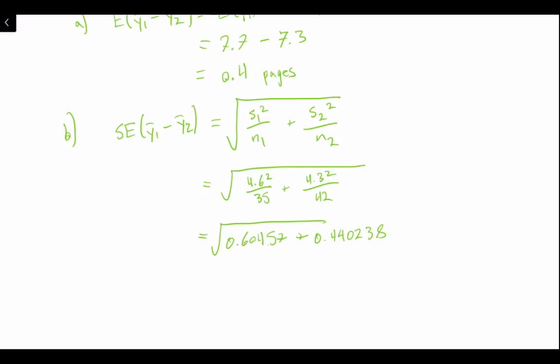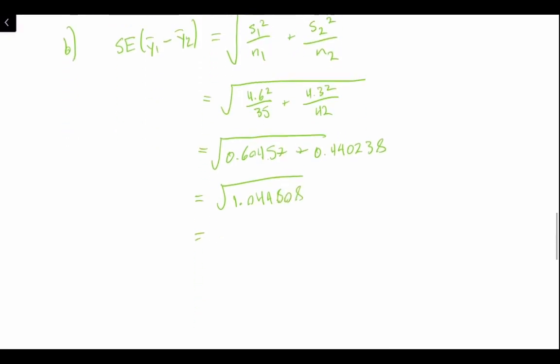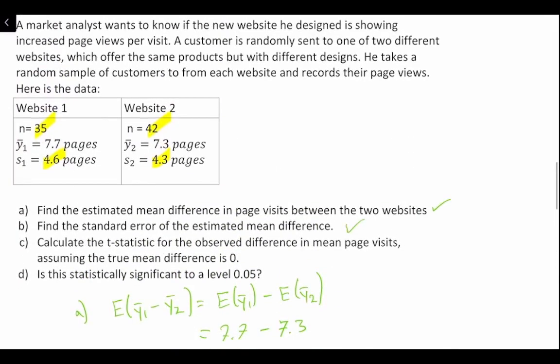So 0.60457 plus 0.440238 gives us the square root of 1.044808, which gives us then a standard error of 1.02216. We'll just keep it at 5 decimal points there. So this is our standard error of y bar 1 minus y bar 2. Okay, great. So we've done B now.